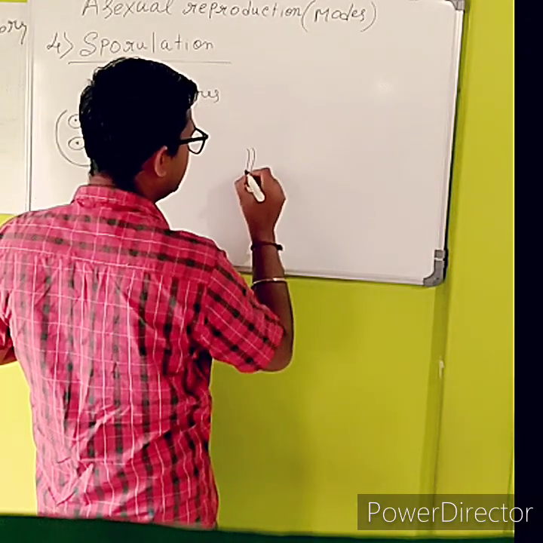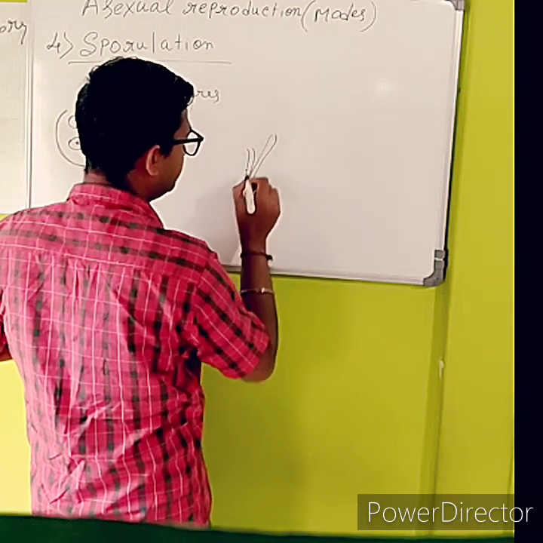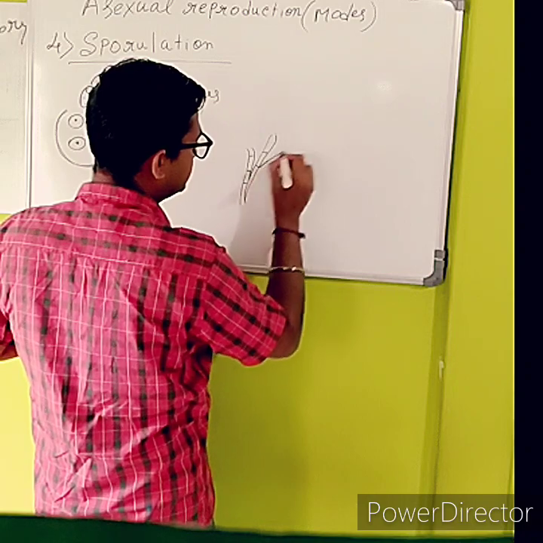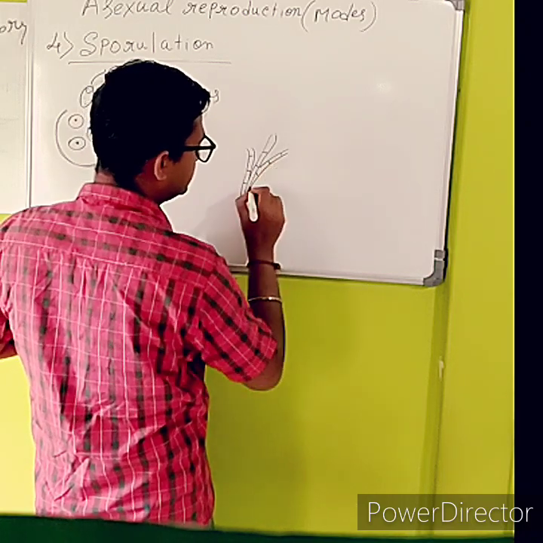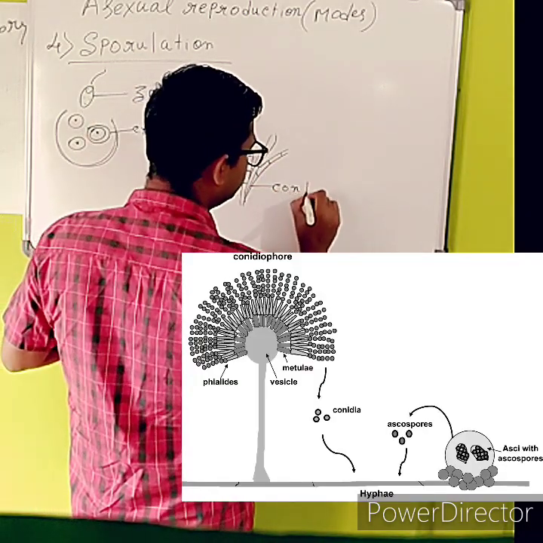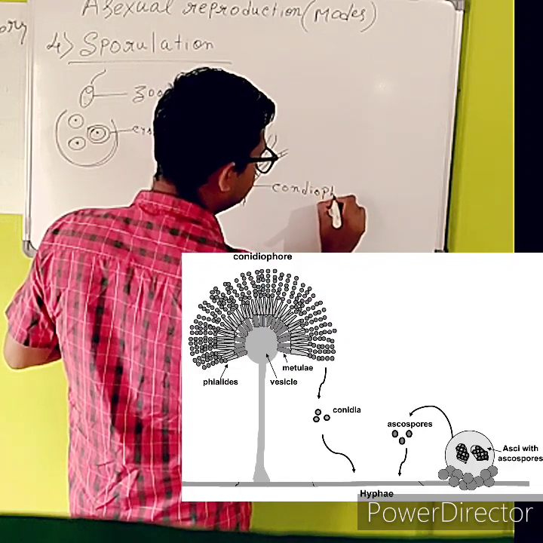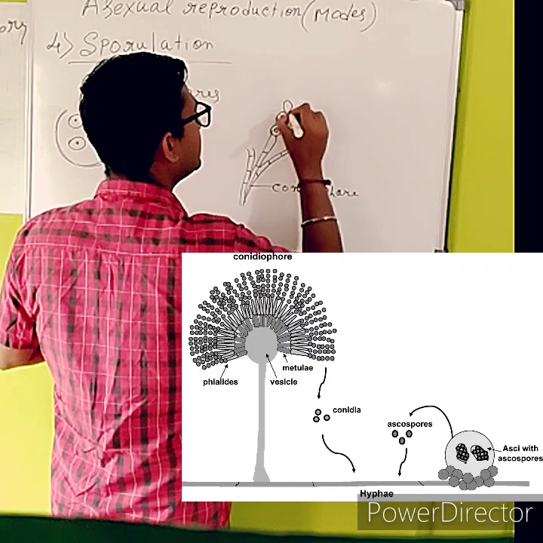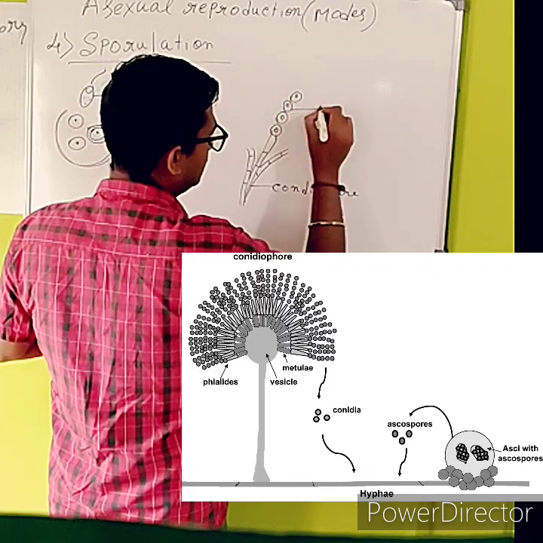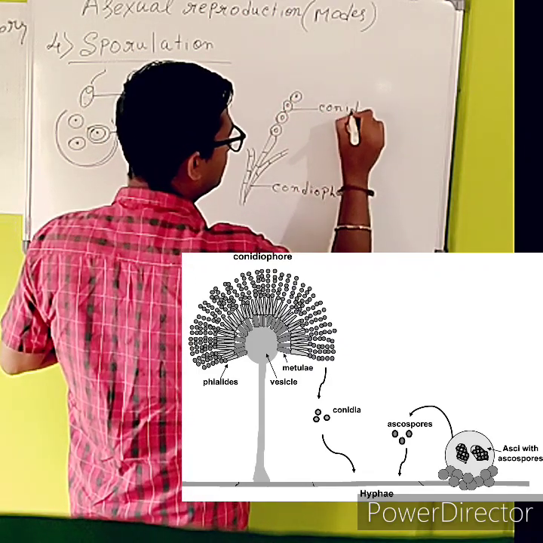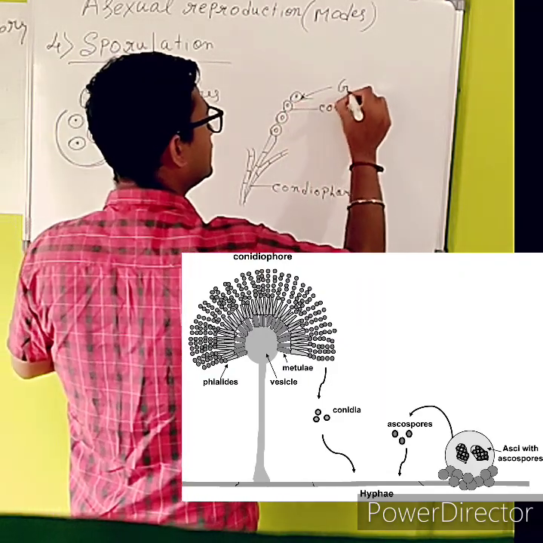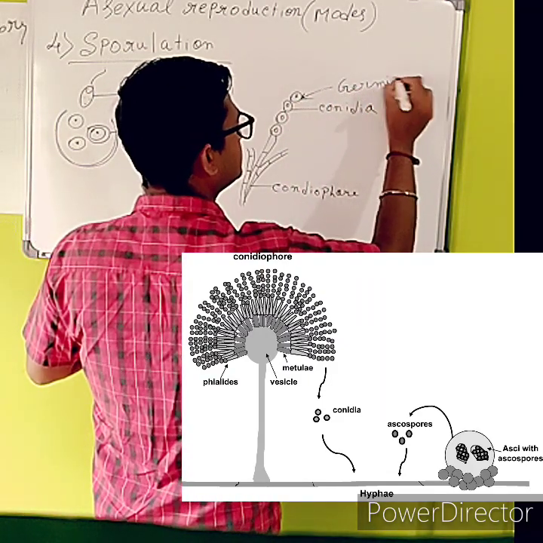There are other ways too, where filamentous branches called conidiophores are formed, and the tips of the branches give rise to rounded conidia, and each conidium after germination gives rise to a new individual.